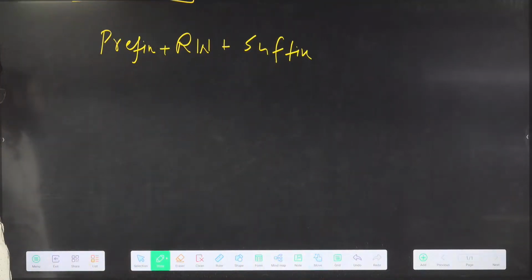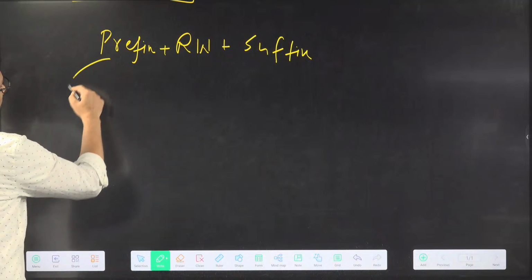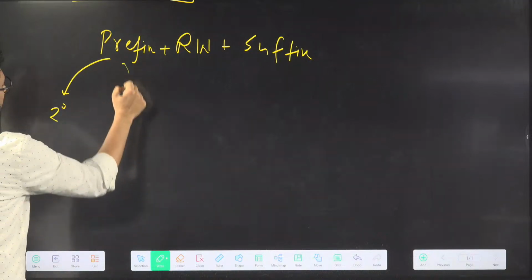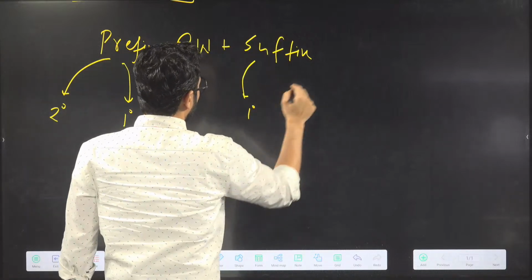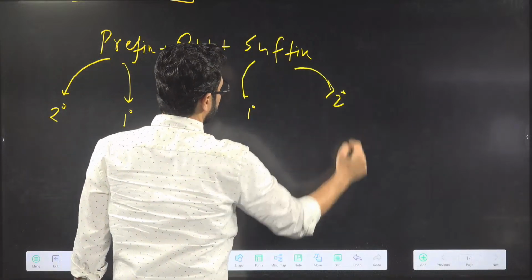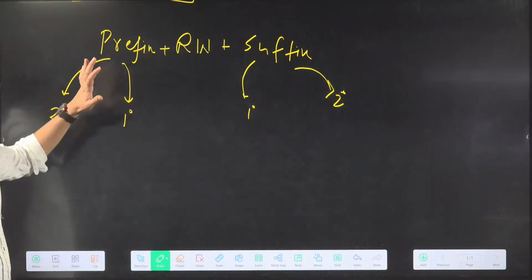How many types of prefix? Two: secondary and primary. Root word, then primary suffix and secondary suffix. Up to this part we have discussed.